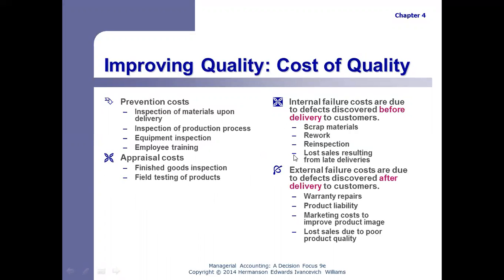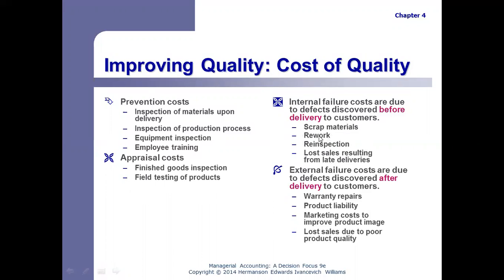Internal failure costs are costs to discover defects before they're delivered to the customer. So after they're done, after the appraisal process, then there are costs that occur. Again, before you deliver the goods to customers, you do things like reworking.